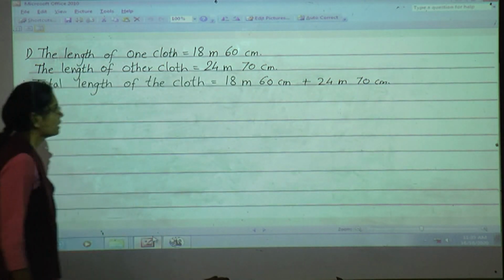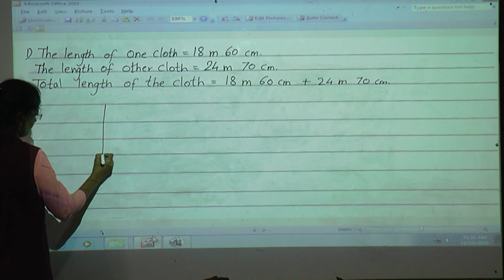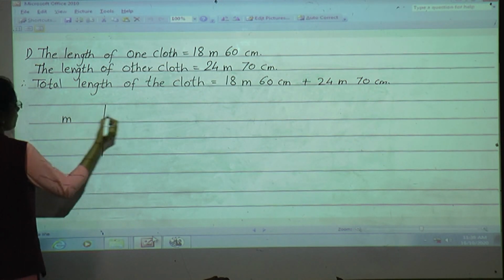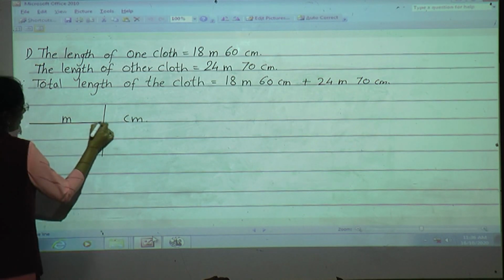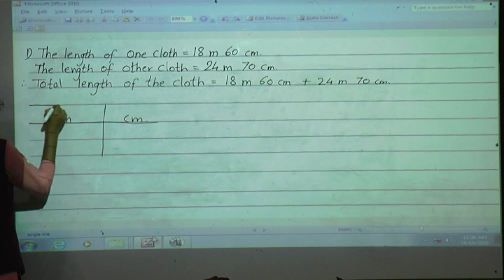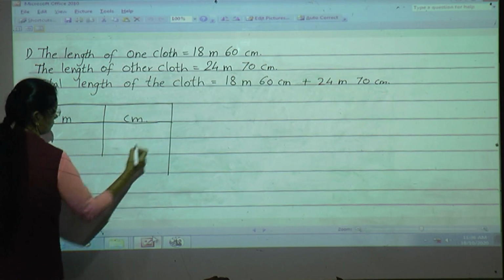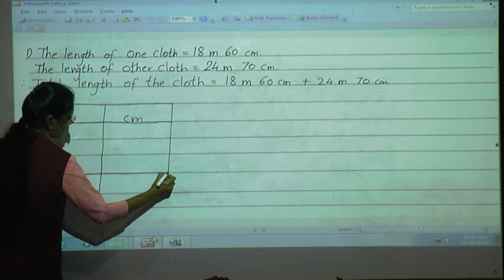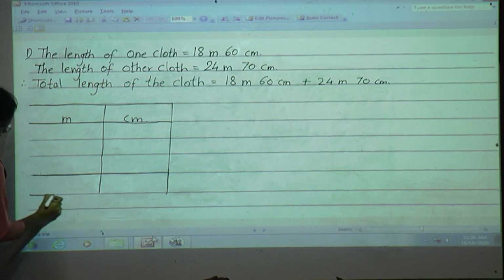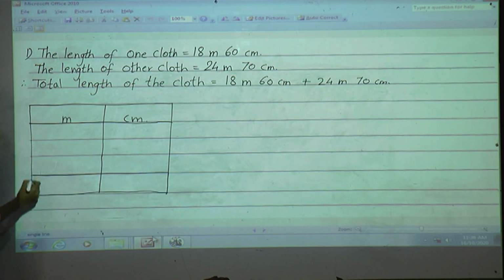Okay, now we'll do the addition. First you have to make two columns, the first is for meter and the other is for centimeter. Then you have to leave one line for the carry. Draw the box properly and then you have to put the values.